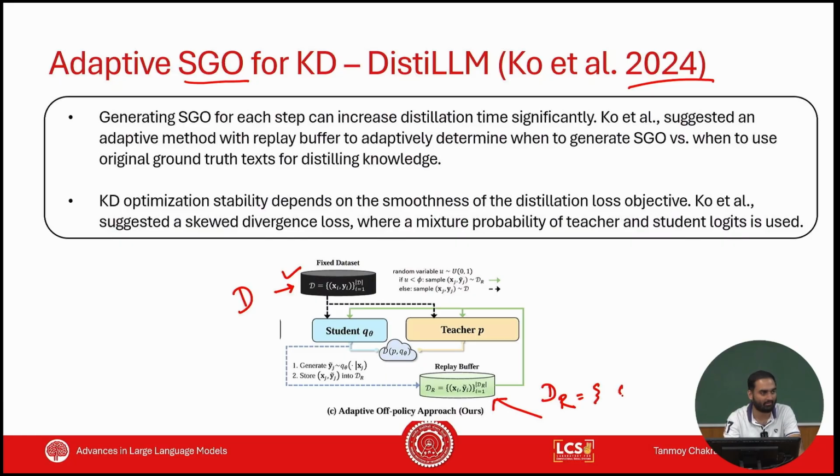Initially DR is empty, right? What is going to be added to DR? The student's responses will be added to DR, okay, over time. So initially the distillation happens with respect to ground truth, and over time you will not use ground truth, you will start using the student's response for distillation, right?